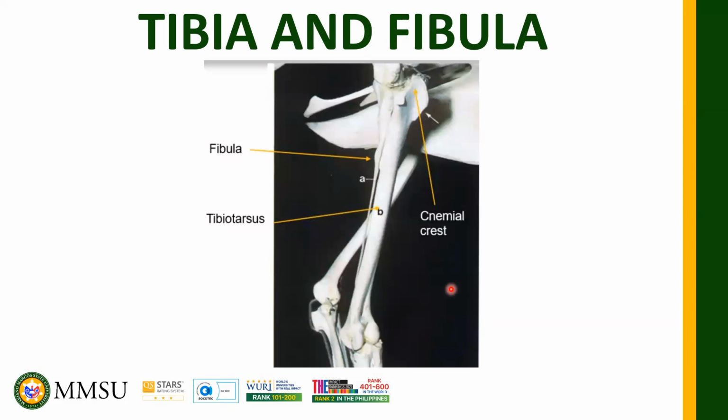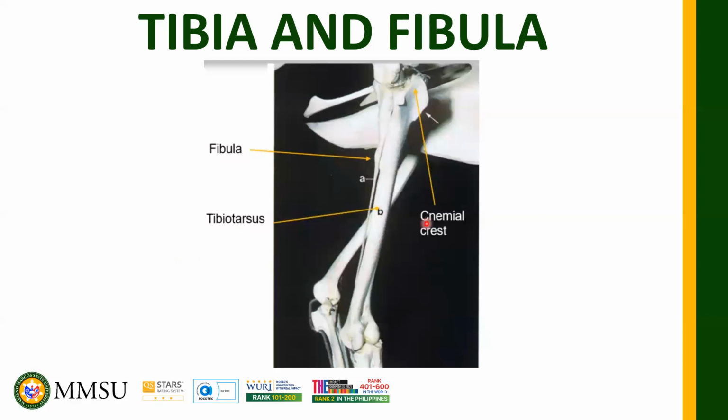Okay? In the part of the chicken limb where the tibia and fibula are located, we call this the drumstick. Okay? So the fibula is usually thin, while the tibia is usually fused with the proximal row of the tarsal bones. So it forms the tibiotarsus.